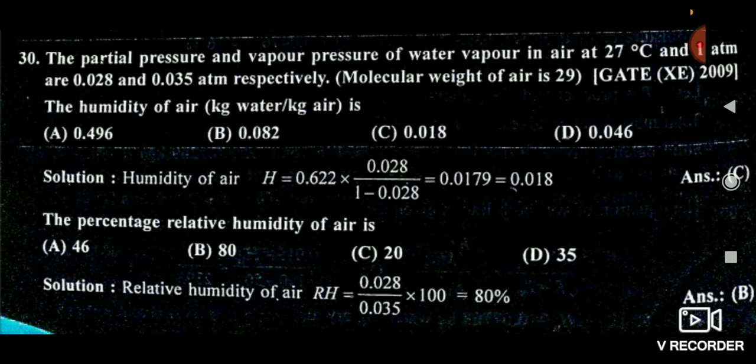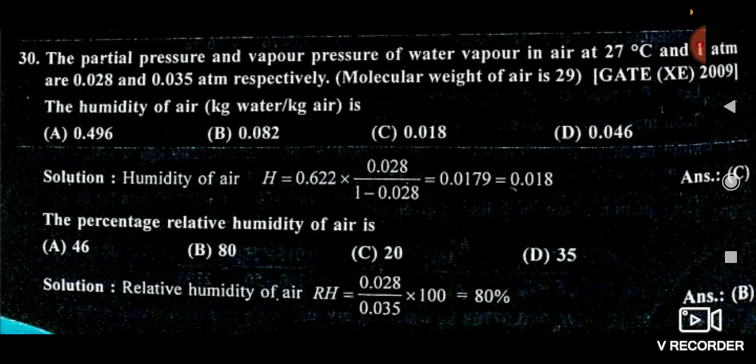So partial pressure of water vapor is 0.028, and the vapor pressure at its saturation capacity is 0.035. So you can calculate the humidity of air, H is equal to 0.622 into 0.028 divided by 1 minus 0.028, that is 0.018 kg of water per kg of dry air.